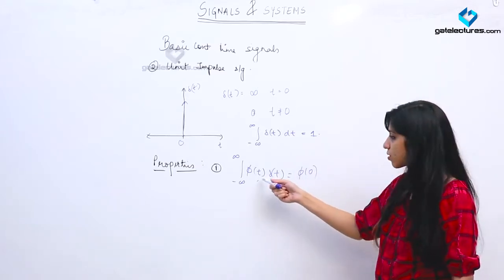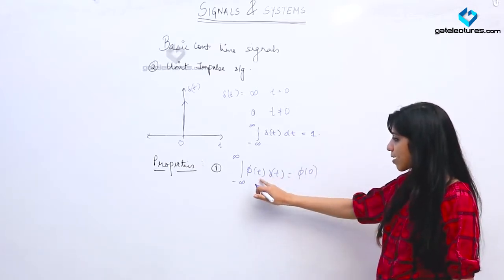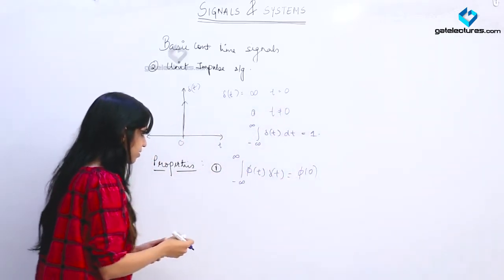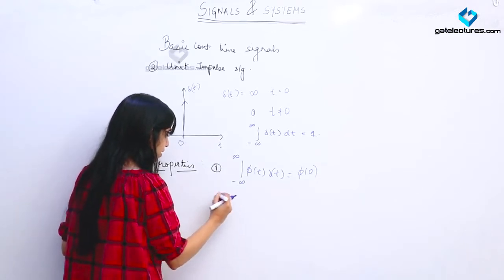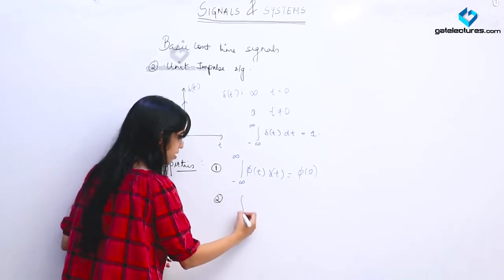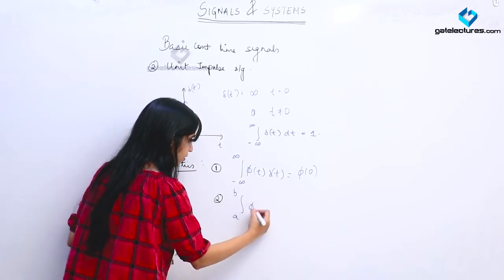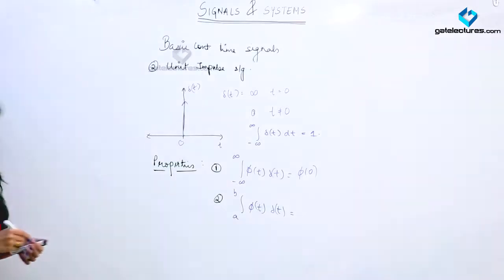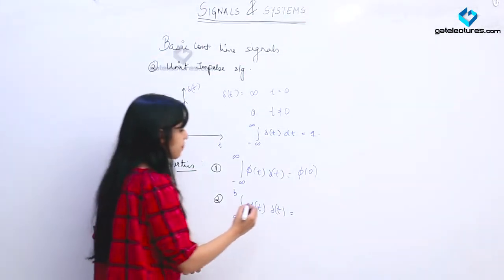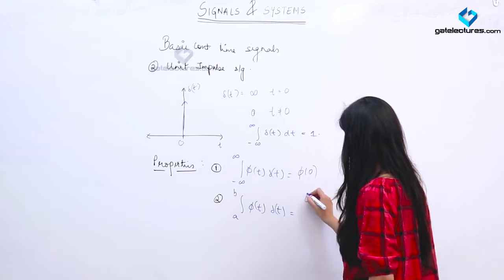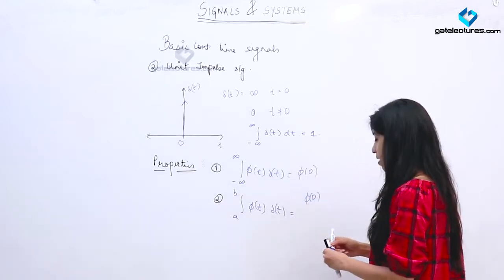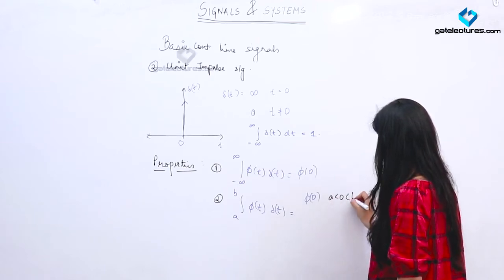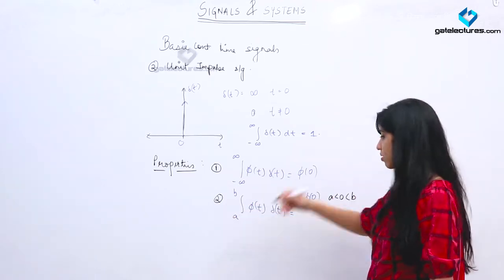Fine, so we are going to yield this value at time equal to 0. And this is just a generalization of this: if the limits of integration are from a to b, what happens is this is going to have the same result, phi 0, if 0 lies between a and b, right? If 0 lies in between this interval.